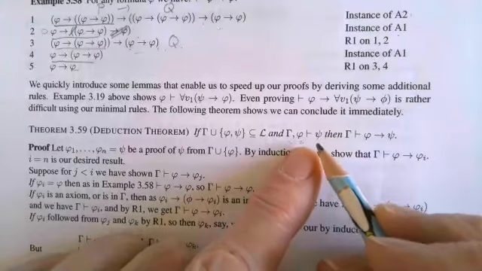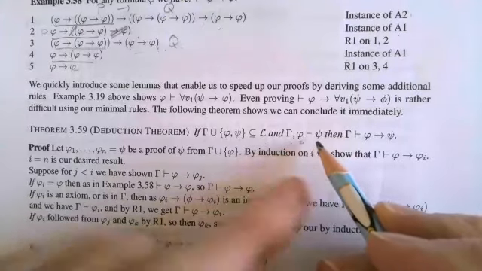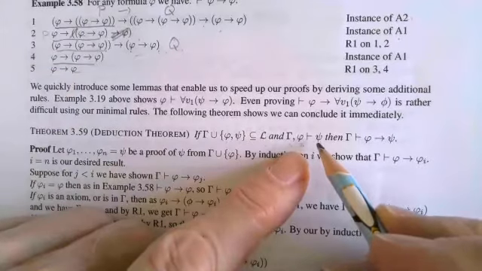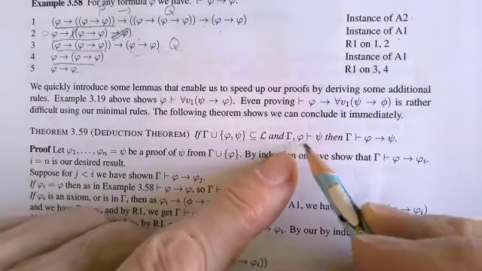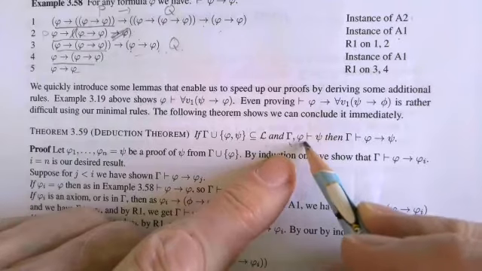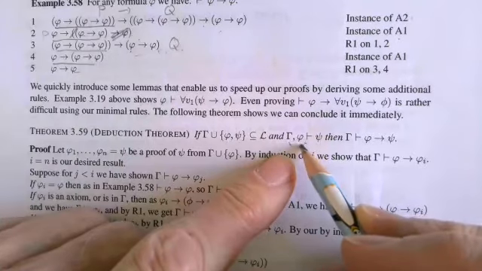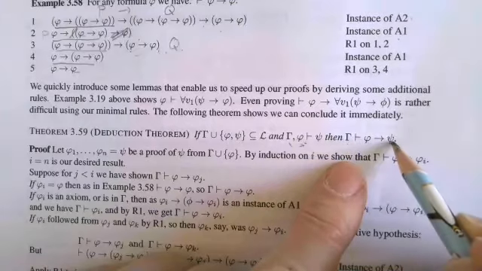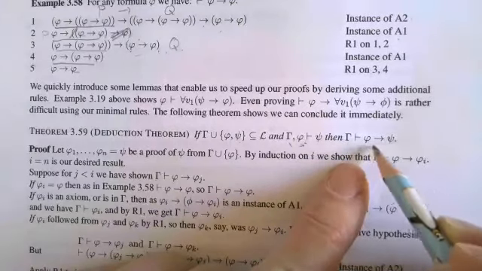So the deduction theorem says, if I can make a proof, a finite list of formulae, using these as hypotheses, then from gamma alone, I can prove this implication, phi arrows psi.